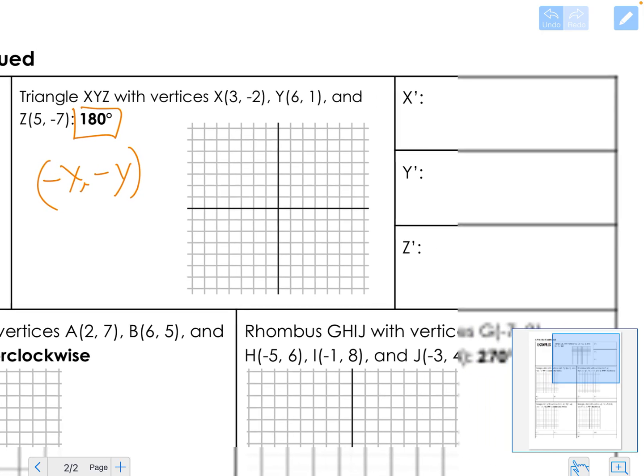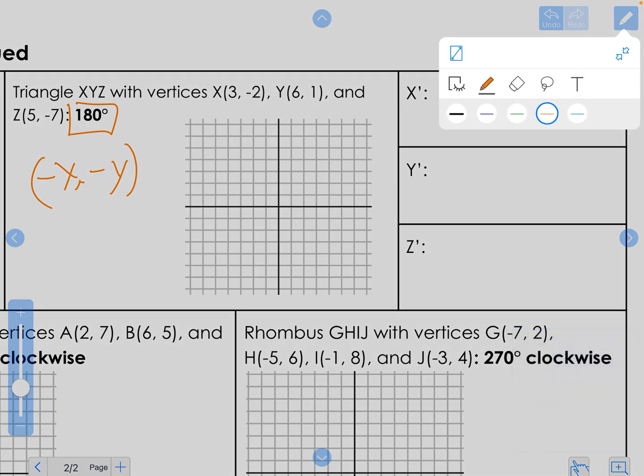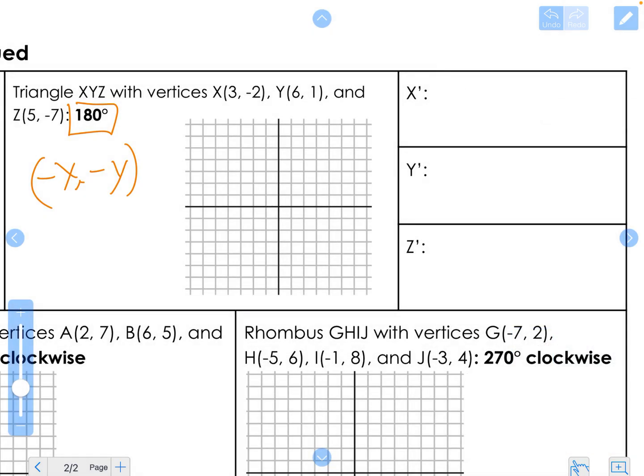And so we need to graph our original triangle or our pre-image triangle. So this is x, y, z. And we're wanting to transform at 180 degrees.